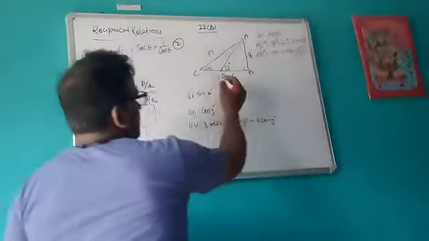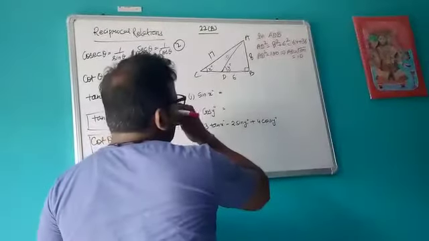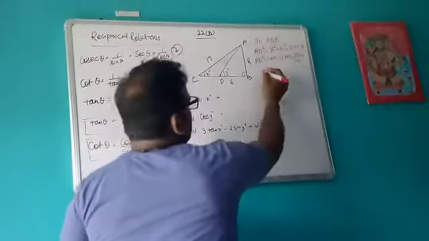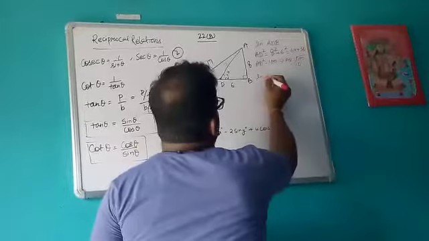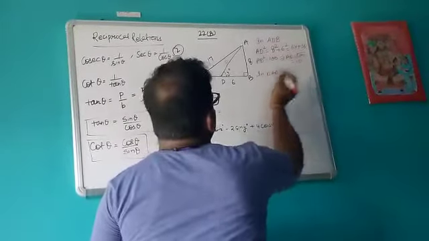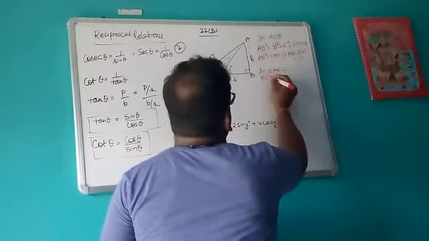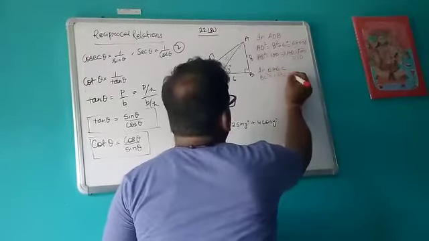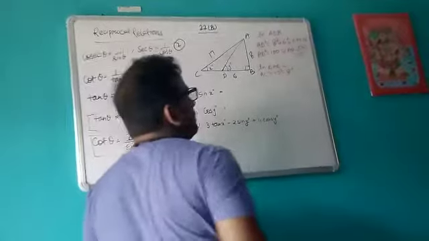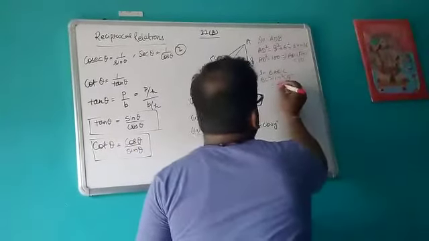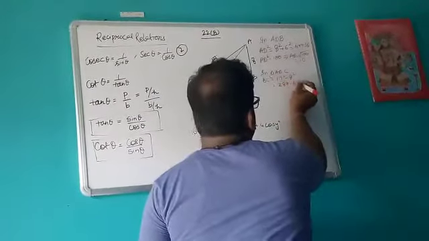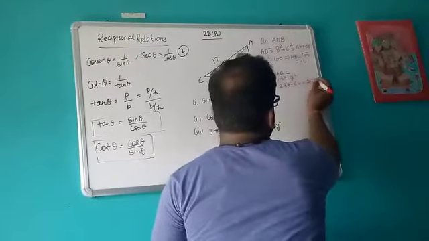Similarly, this DC is not given. So we have to find the value of DC. So we will take this big triangle. In triangle ABC now, what do we need? BC. So BC square is equal to 17 square minus 8 square. That is 289 minus 64 is equal to 225.